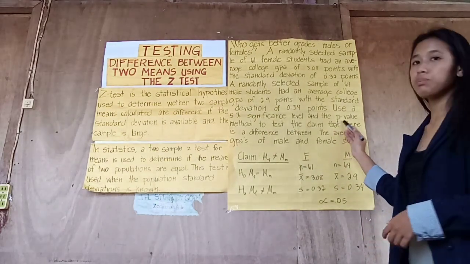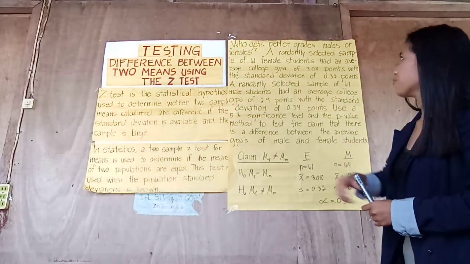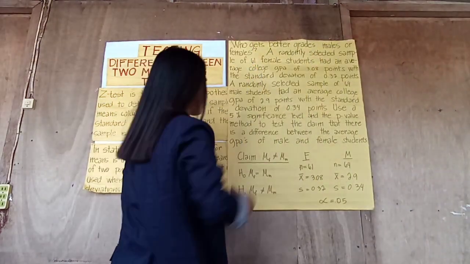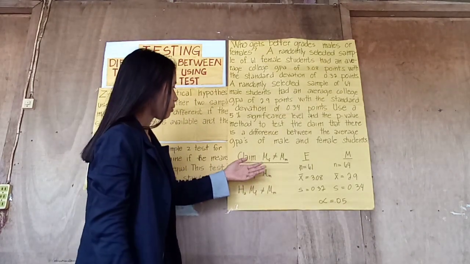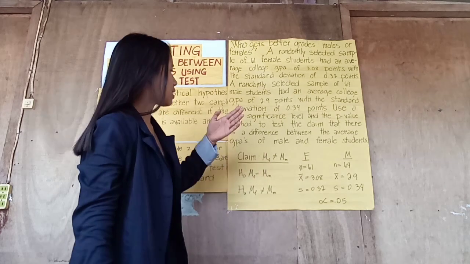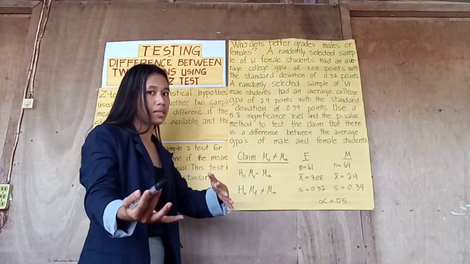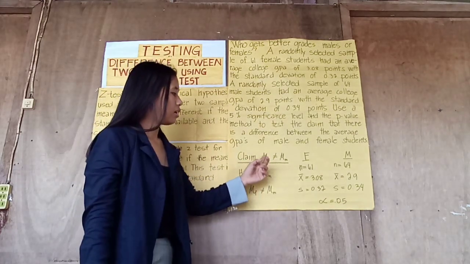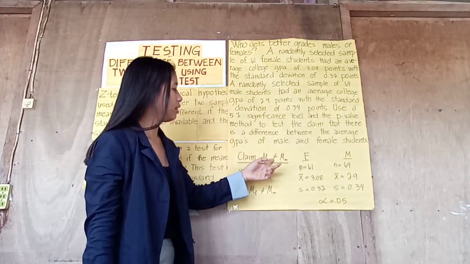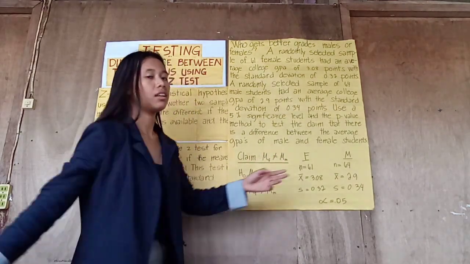So use the p-value. Okay? So here's the claim. Ang claim nila is mas dako ang female towards kaysa sa male. So, mean of female is not equal to mean of male.